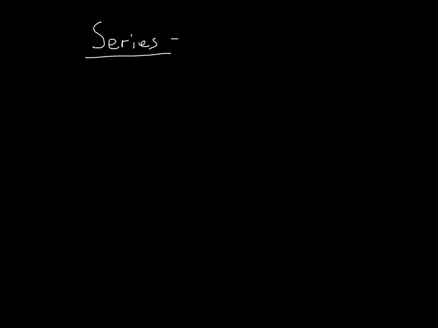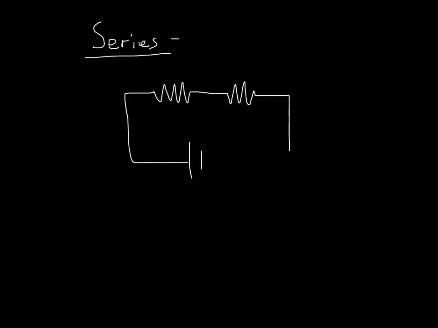For circuits in series, you have your battery, you come in, and you hit your first resistor, and you hit your second resistor, and then you hit the other end of your battery. As I'm going around this circuit, there's nowhere else for my current to go.